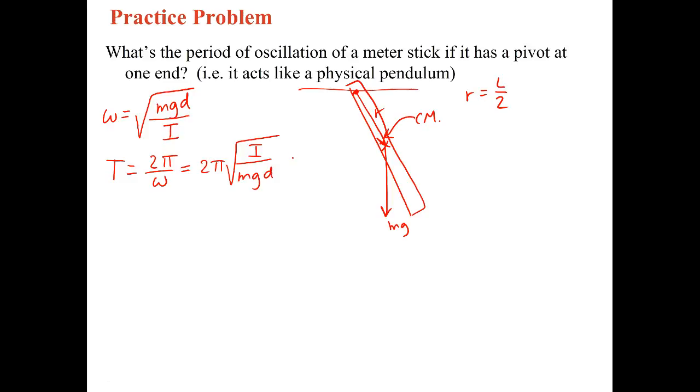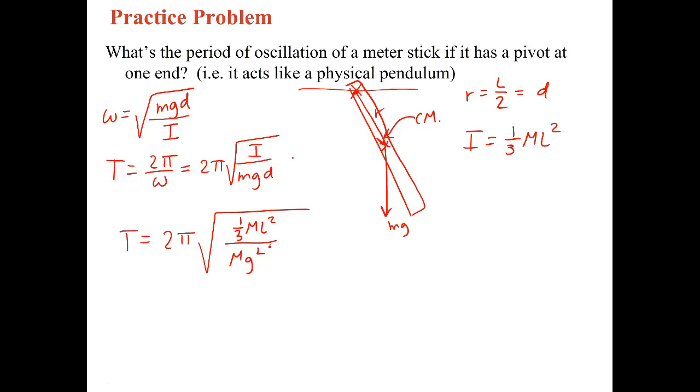Okay, now I, when we're pivoted around the endpoint, I for a rod is 1/3 ml squared, and d in this case is L over 2, so we can put that all together to say that T is 2 pi times the square root of 1/3 ml squared over mgL over 2.